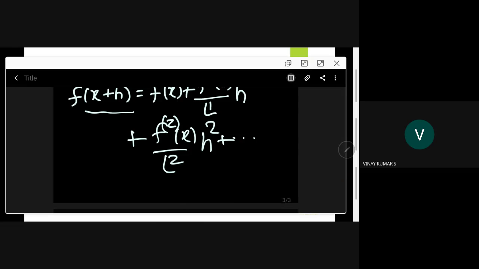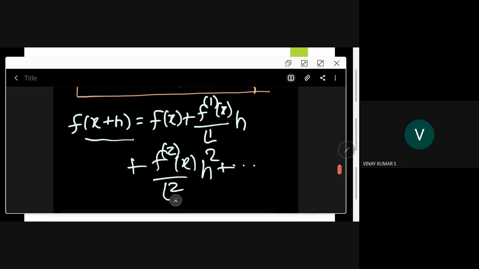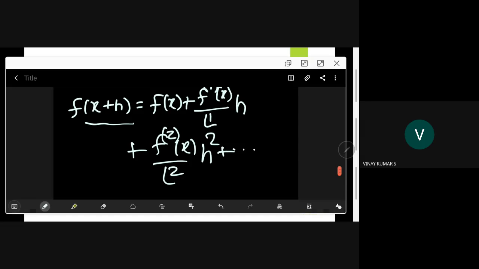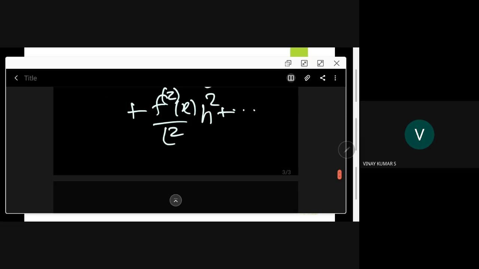So when we consider x as 0, that becomes Maclaurin series expansion. What is the meaning of that? One can rewrite it.